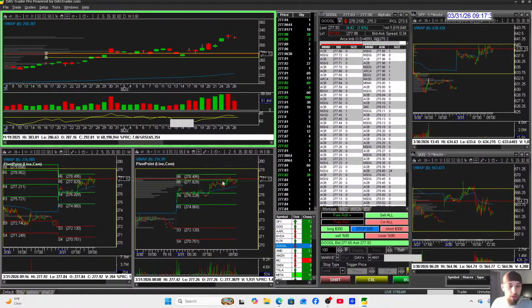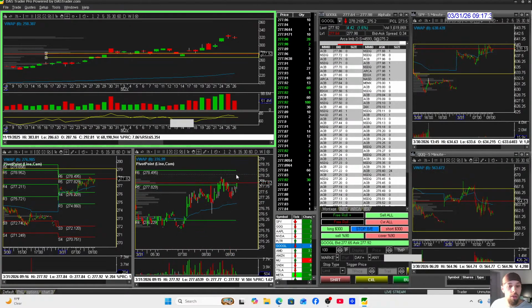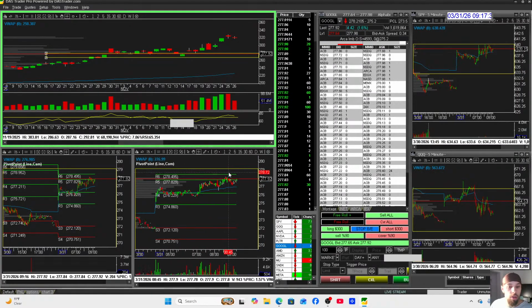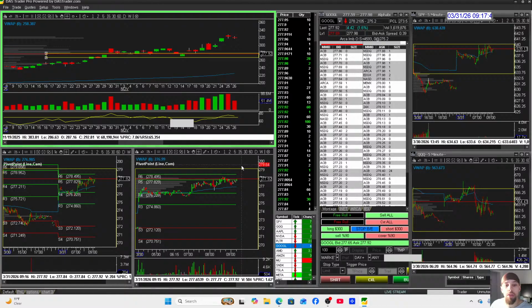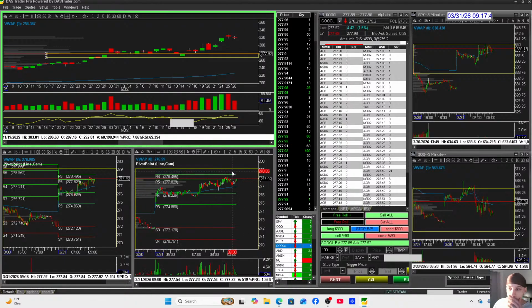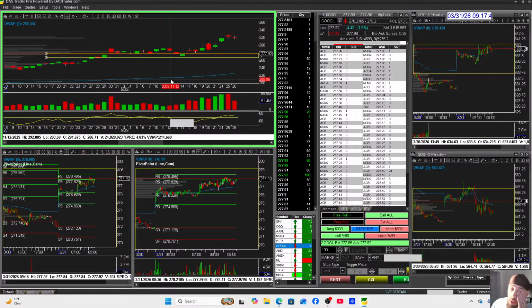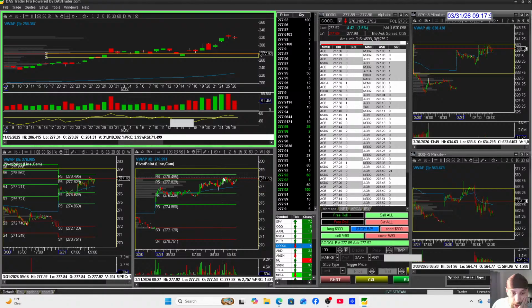This is testing R6 as well. So I'm very curious to see what the price action does around this R6 to my level that I marked. If we show some resistance here, depending on if the market's going to rally or not, it'll depend. It'd be interesting to see if we can't catch a short to the downside here.